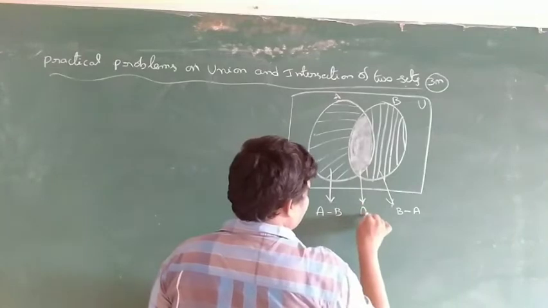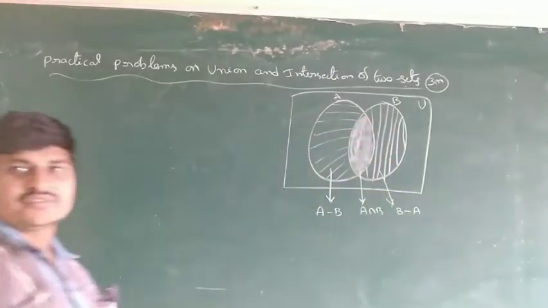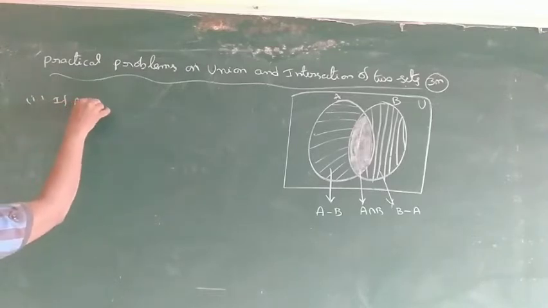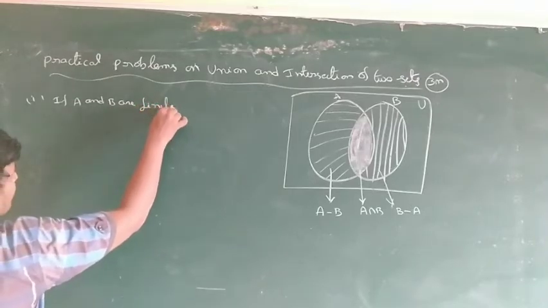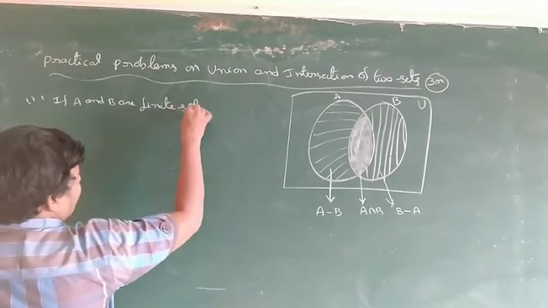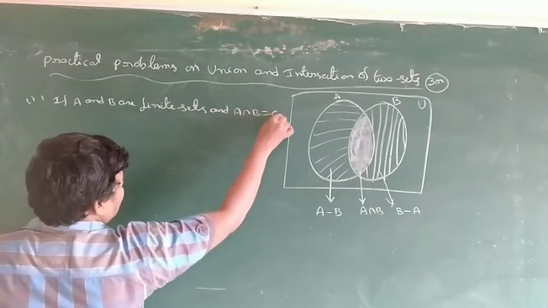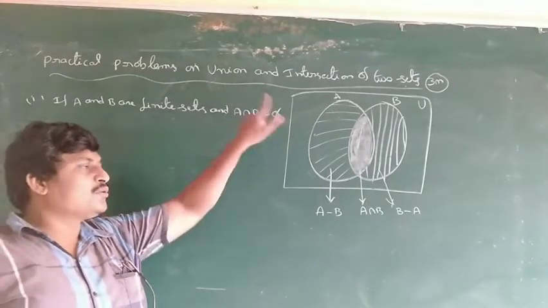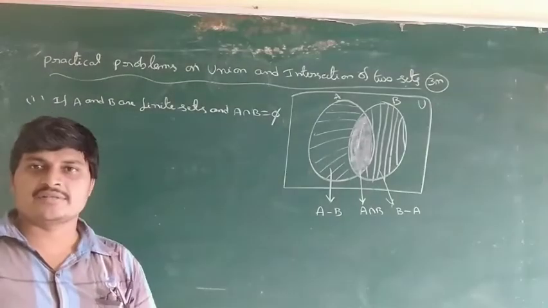This is A intersection B, the common area. First, if A and B are finite sets and A intersection B is equal to phi, what does it mean? Disjoint sets.